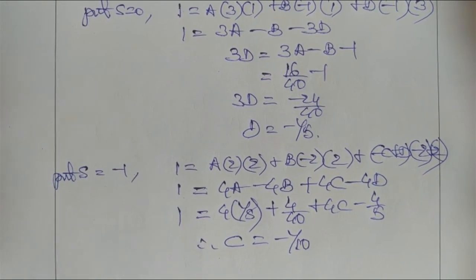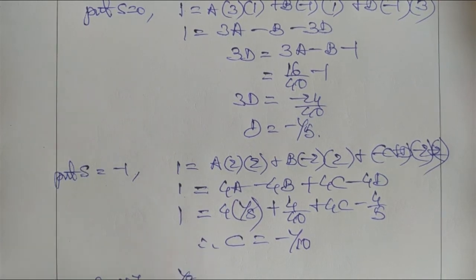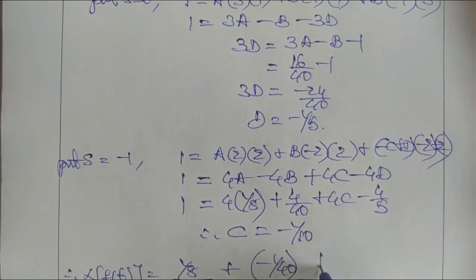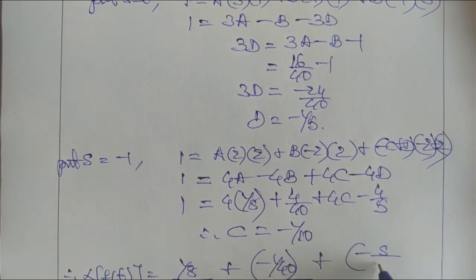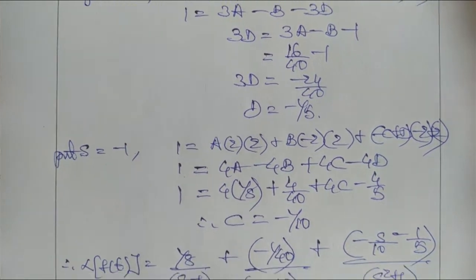Now Laplace of f(t) is equal to (1 by 8) divided by s − 1, minus (1 by 40) divided by s + 3, minus ((s by 10) + (1 by 5)) divided by s² + 1.